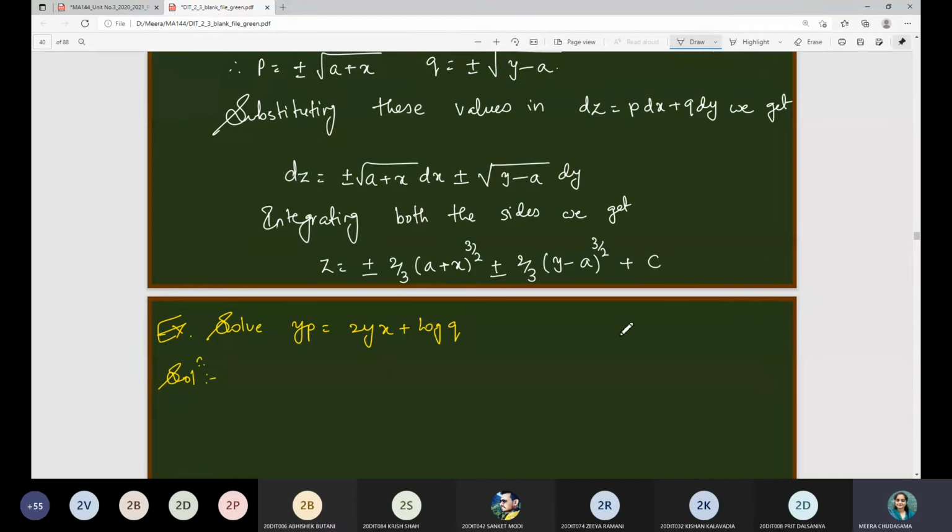And p is a plus 2x, वेरी गुड, and q is e raised to ay. Yes. Fine.